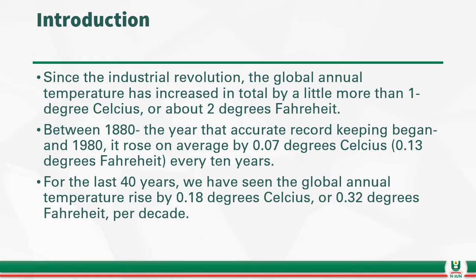Between 1880, the year that accurate record keeping began, and 1980, the temperature rose on average by 0.07 degrees Celsius every 10 years. And for the last 40 years, we have seen the global annual temperature rise by 0.18 degrees Celsius, or 0.32 degrees Fahrenheit, per decade.